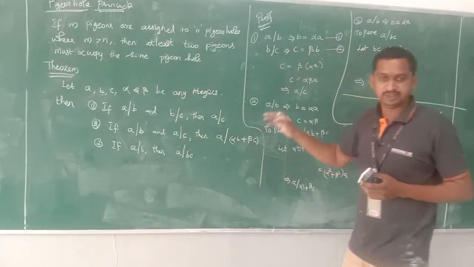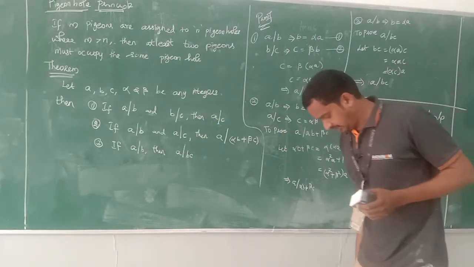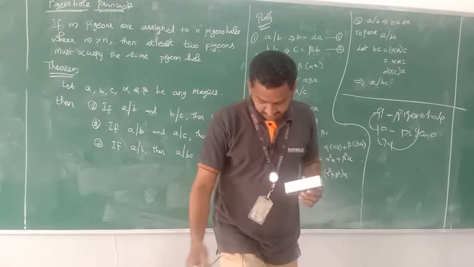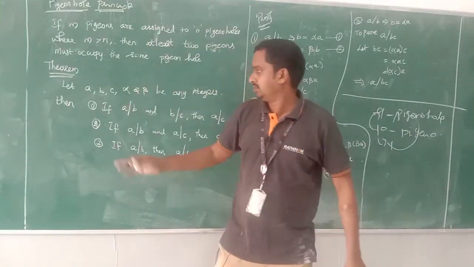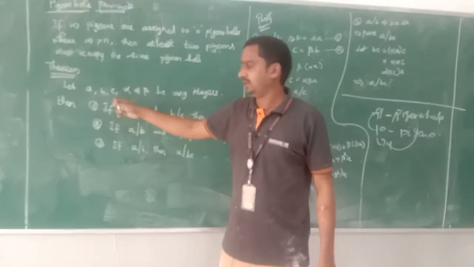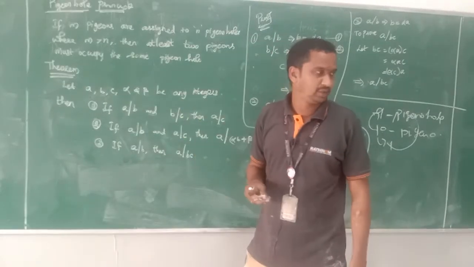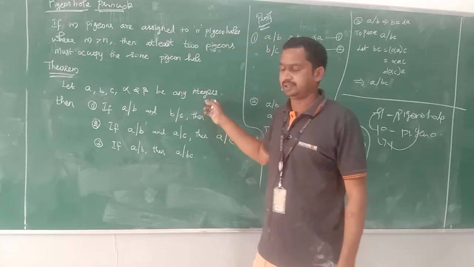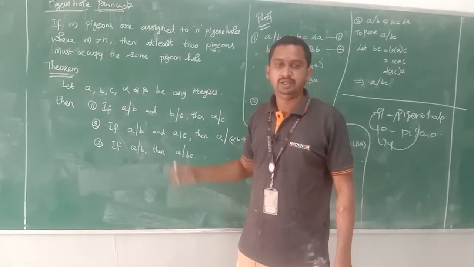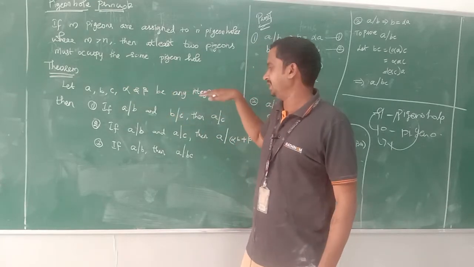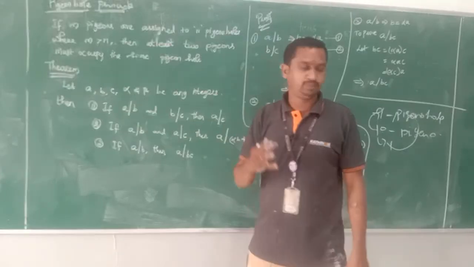Now based on the pigeonhole principle, you derive one small theorem. The theorem is: let a, b, c, alpha and beta be any integers. We have to prove three parts.